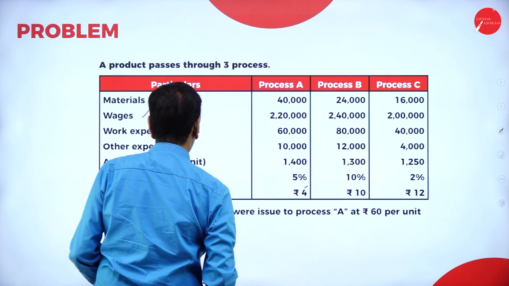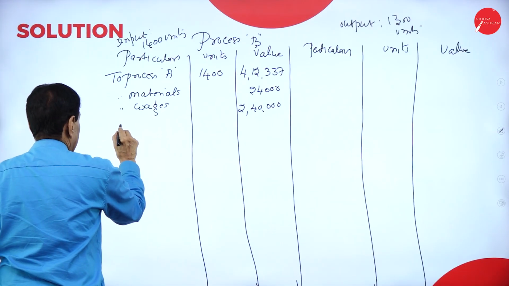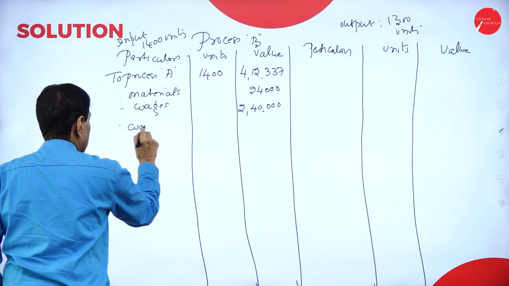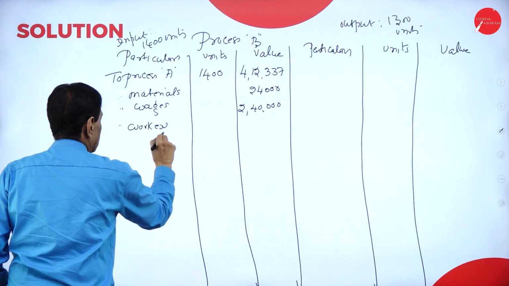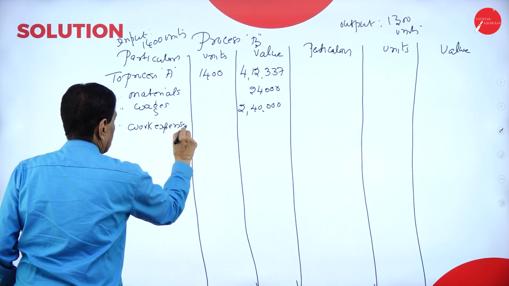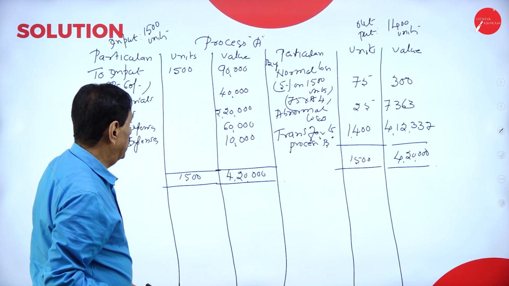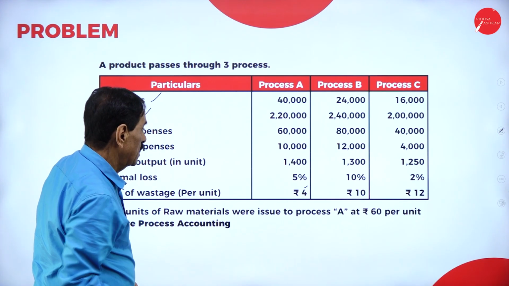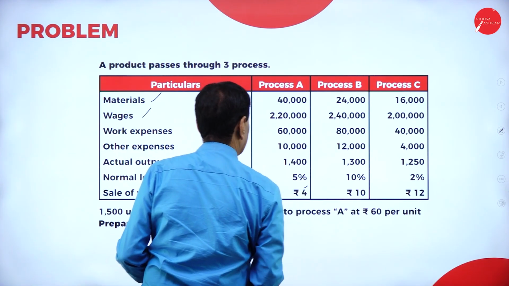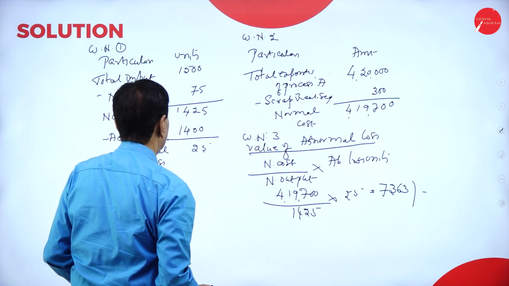Then work expenses, which become 80,000.